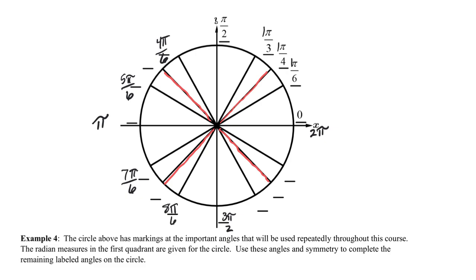We'll come back to him in a minute. 9 pi over 6 reduces down. 10 pi over 6. 11 pi over 6. And then I'm back here at 12 pi over 6, which reduces down to 2 pi. Okay? So let's go back to those ones that can reduce. So what happens to 4 pi over 6? Well, I can reduce that to 2 pi over 3.